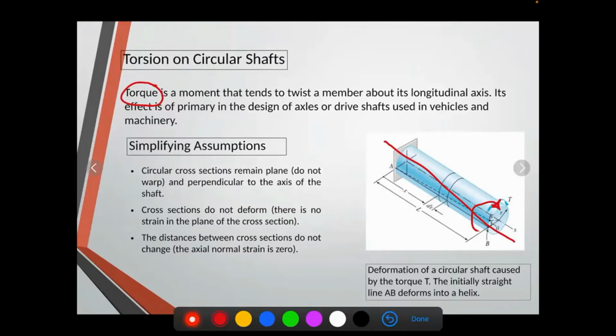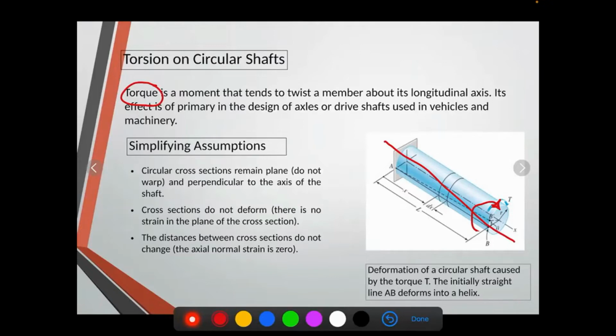Example, yung wheels ng car, di ba? Power is applied tapos nag-rotate yung wheels. Another perfect example would be wind turbines. So it generates power, di ba? Kapag habang nag-rotate yung wind turbine natin, nag-generate siya ng power.